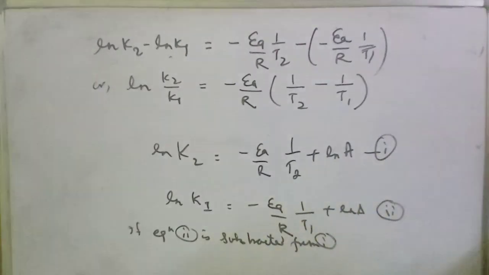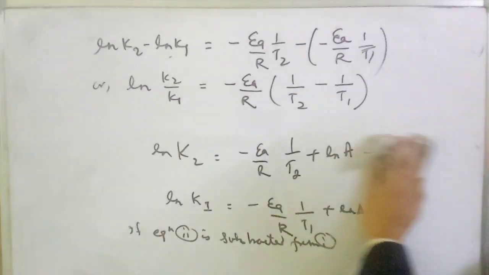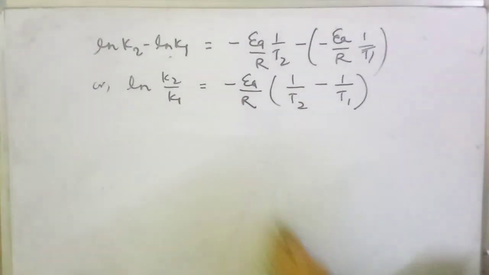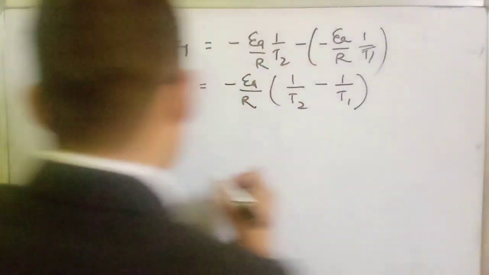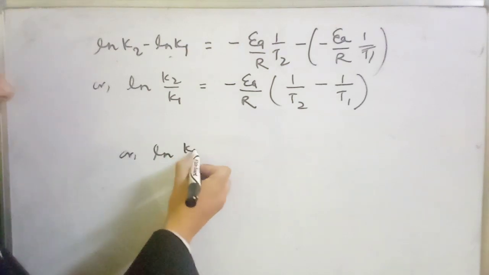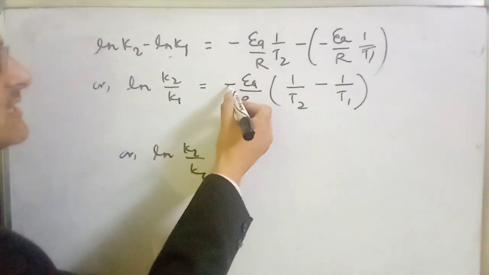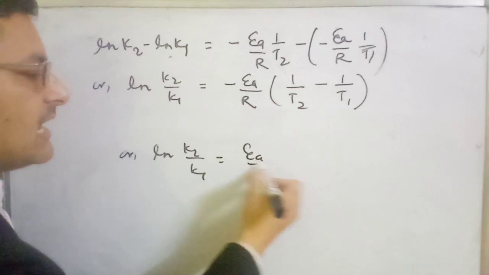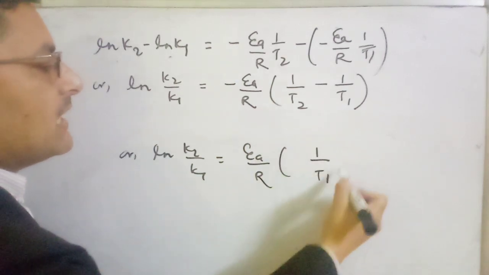Or simply you can change this equation into the positive form. Also you can write ln K2 upon K1 equals Ea upon R into 1 upon T1 minus 1 upon T2.